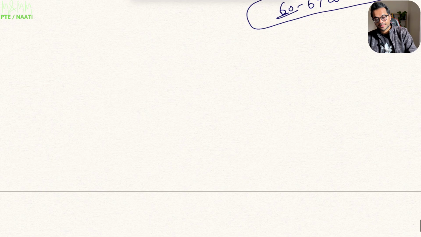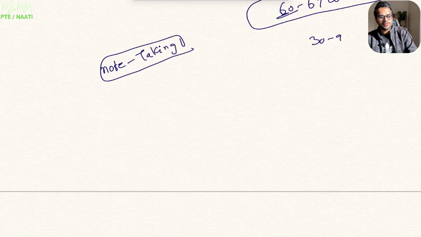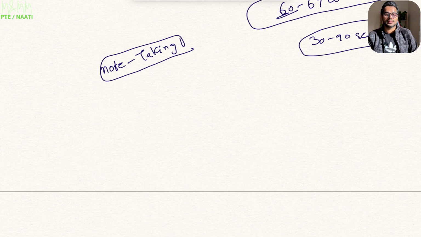Now, the topic says that you would be listening to an audio and then your job is to type a summary on the basis of that. So we first just have to understand how do we take notes for this one. Obviously when the audio is being played, the audio which can be from 30 to 90 seconds, we have to take some notes for the same.